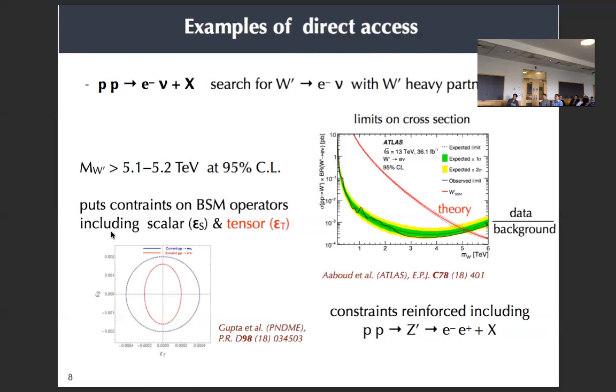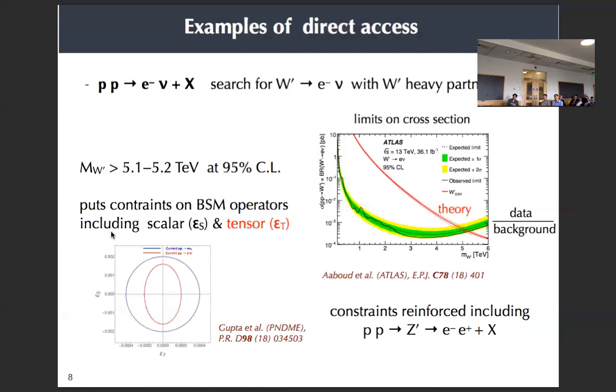And this puts in turn constraints on the possible operators that can be active beyond the standard model, among which, for example, scalar and tensor interactions. And the PMDME guys of the lattice collaboration did this exercise and studied which are the constraints induced by this finding on the combined plot of the scalar and the tensor couplings.